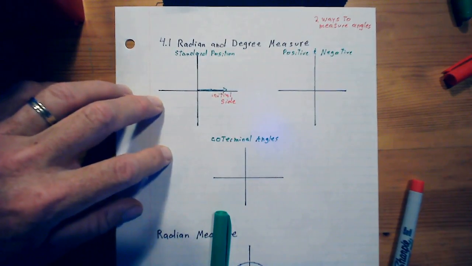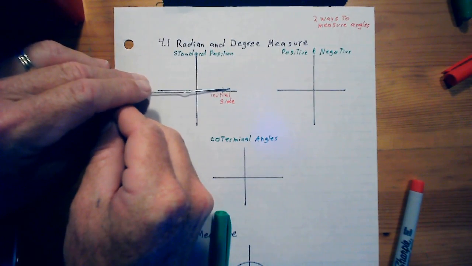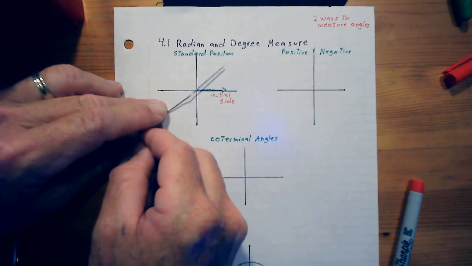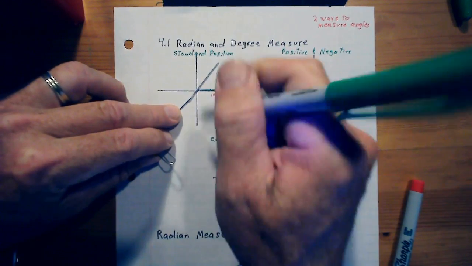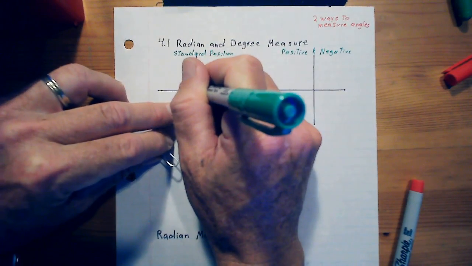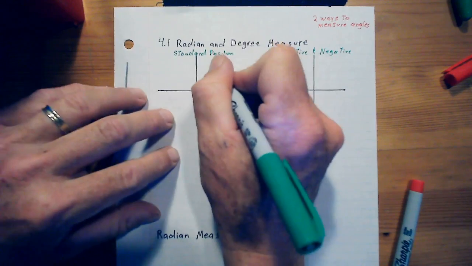And that side, from the initial side, can swing around to make an angle like this. I'm just going to use that as a straight edge, no particular reason.